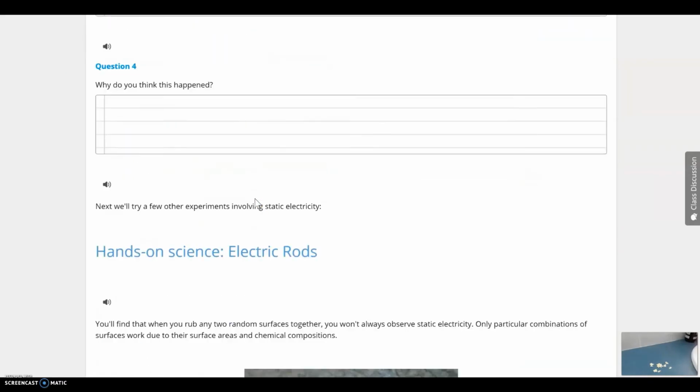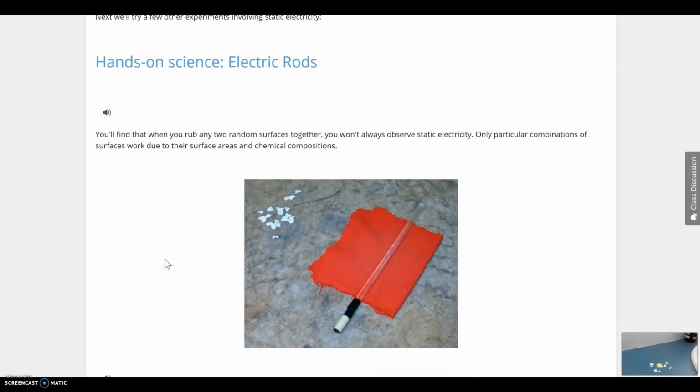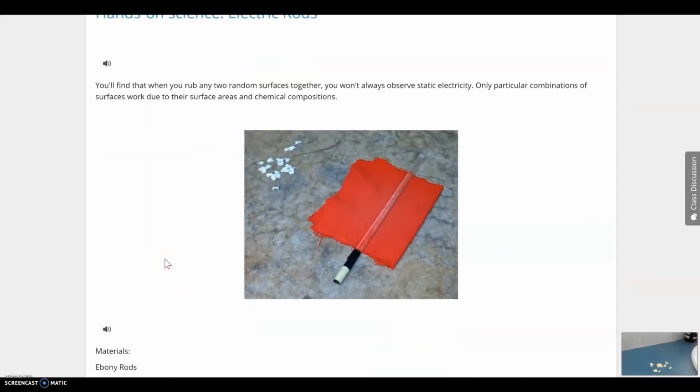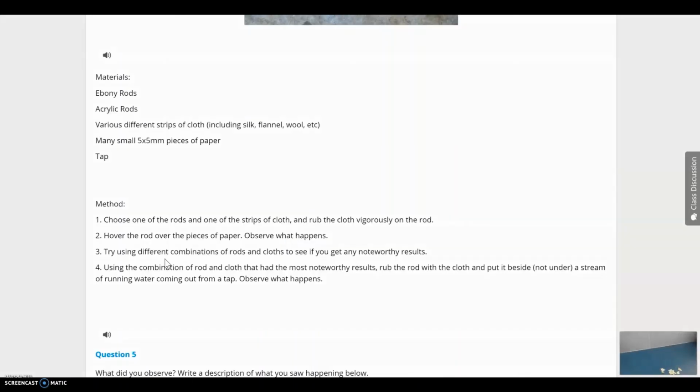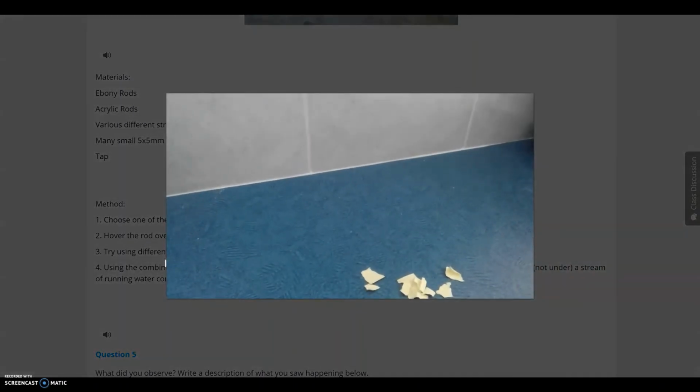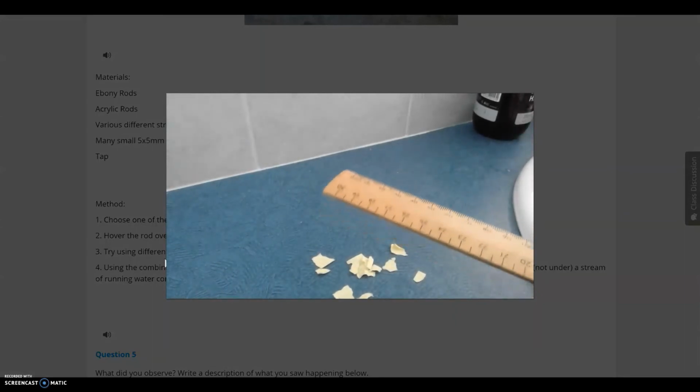So, the second experiment is with electric rods. Again, that's for those that are in class to do. What you're going to do with the rods is charge them up and see if they pick up little dry pieces of paper. You're going to see if the rod picks up any pieces of paper. Those at home can still do this experiment.